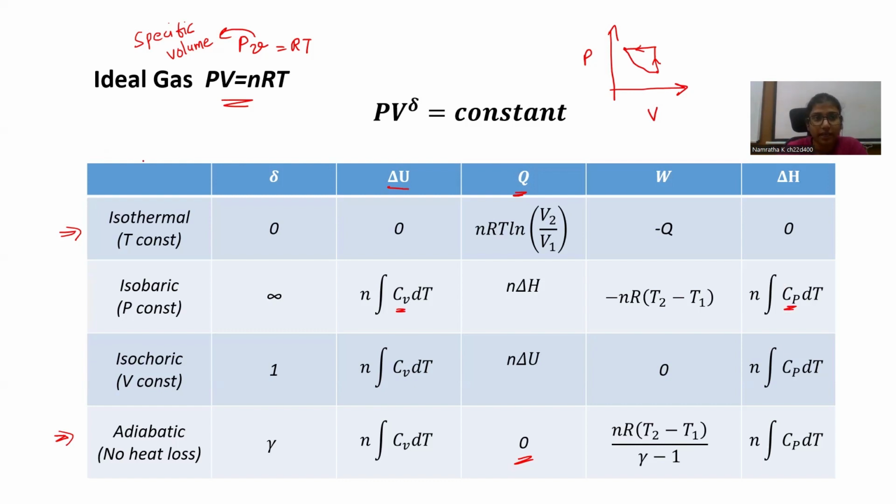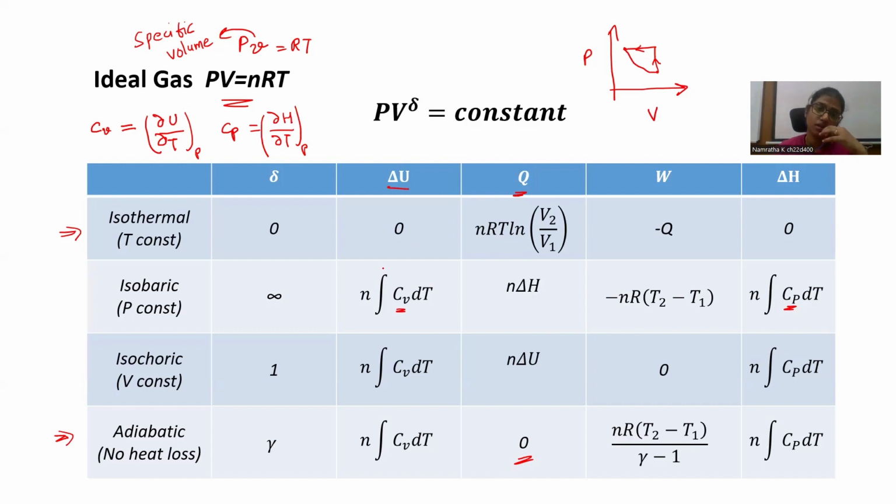Okay, specific heat capacities where Cv is defined as dou U by dou T at constant V. And Cp is defined as dou H by dou T at constant P.